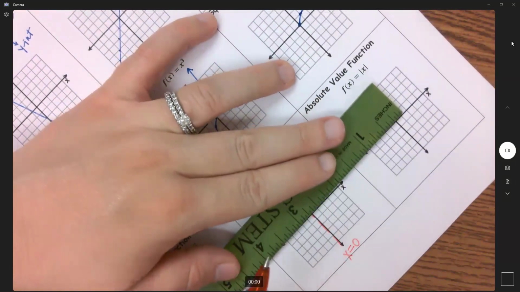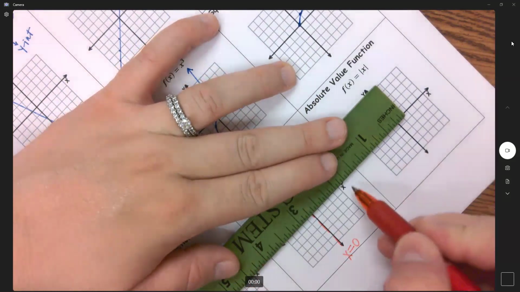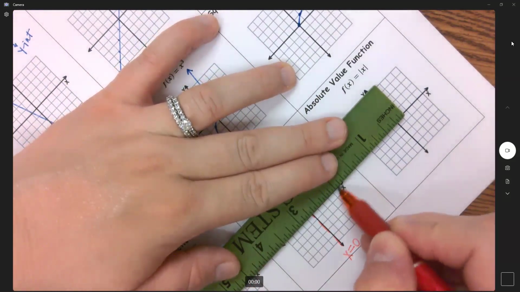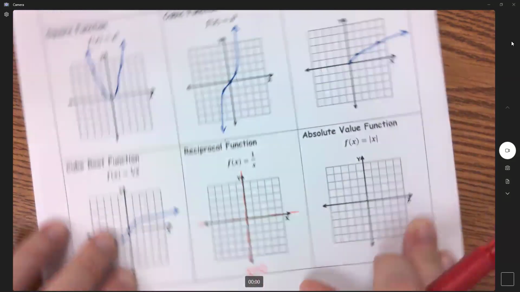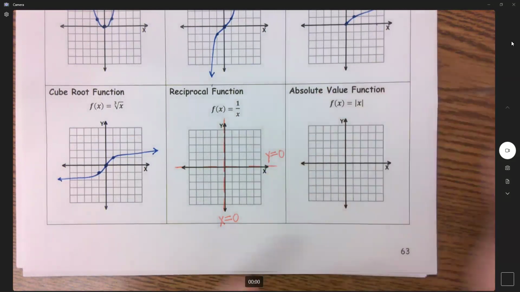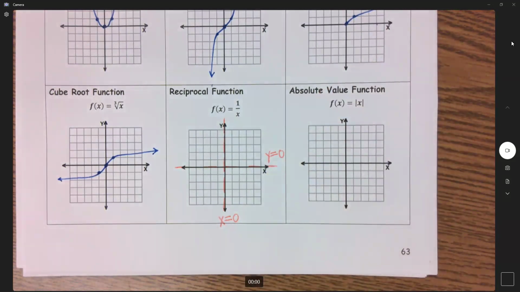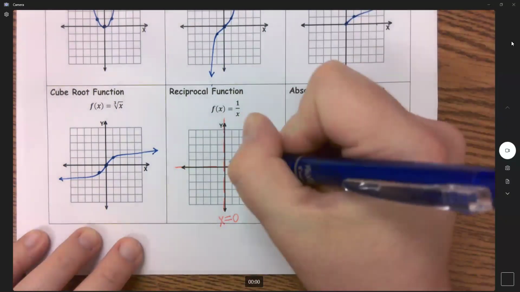And then I also have one right here at y equals 0. So dashed lines at y equals 0. And if I plug in 1, 1 over 1 is 1.